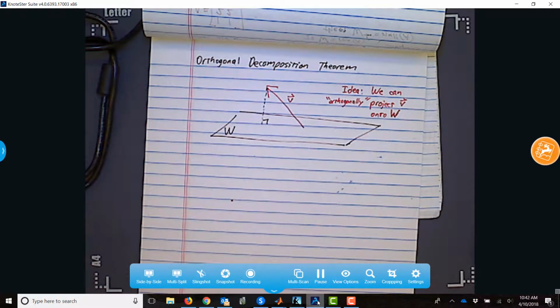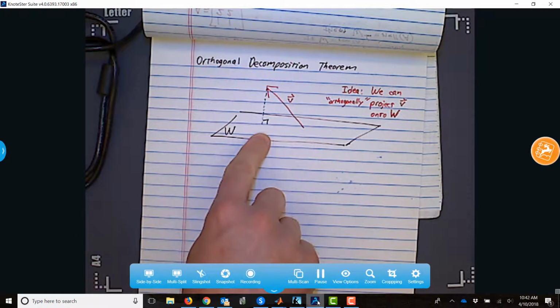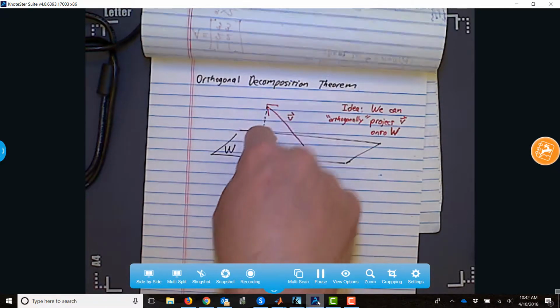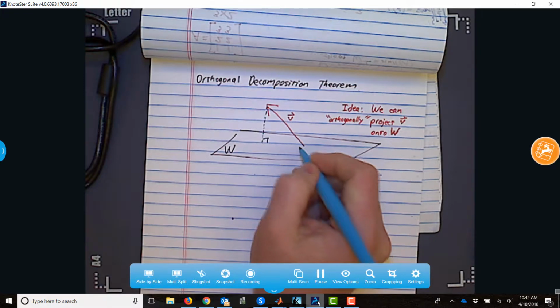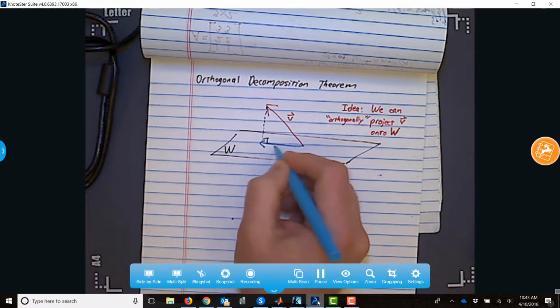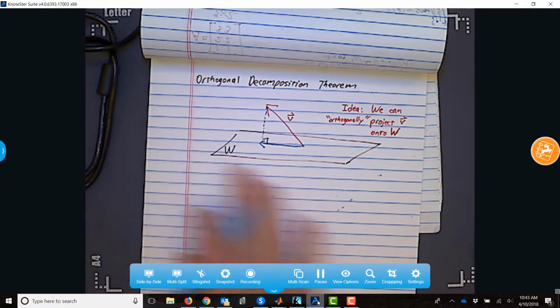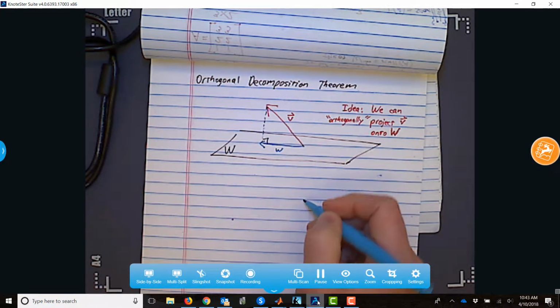This is a really important idea. Actually, where I drew it doesn't look right to me. I think I'd have to go down a little farther. But somewhere you can drop a perpendicular, and then what you get is the component in that subspace. And so this is little w.